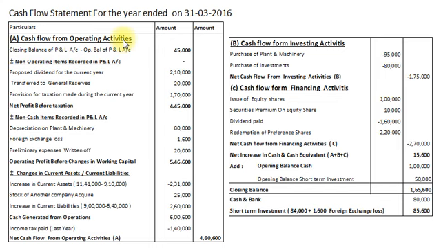Dear students, here operating activities will be calculated by using indirect method. So first of all we will take net profit during the current year by taking the difference between closing balance of profit and loss account and opening balance of profit and loss account as per balance sheet, which is 45,000.